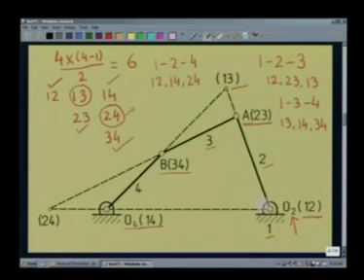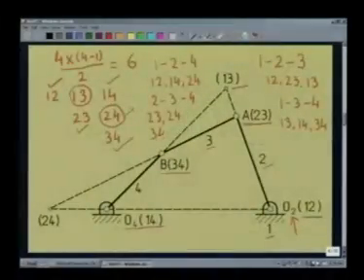Then we can consider 3 rigid bodies, namely 2, 3 and 4. Consequently, the Aronhold-Kennedy theorem says 3 instantaneous centers 2, 3, 2, 4 and 3, 4 also are collinear.